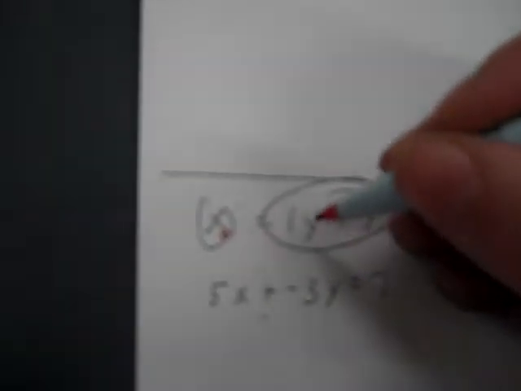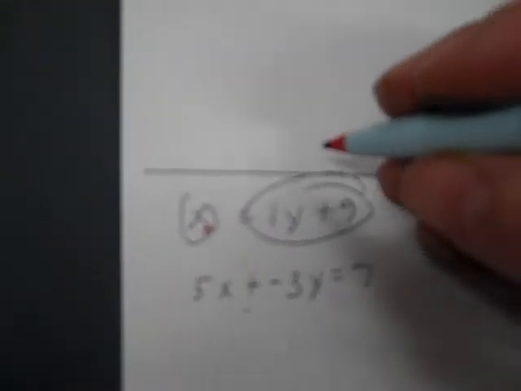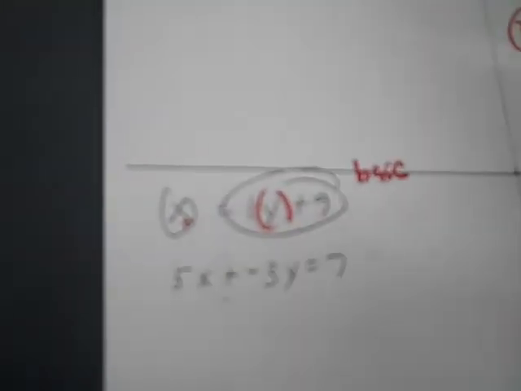Okay, now I go into the bubble, because to find x, look at your base equation. Either scribble out the y or put a parentheses around it, and we just put a negative 19. It's like the y's out and negative 19's in. Okay? So I take 1 times negative 19 plus 9, negative 10.